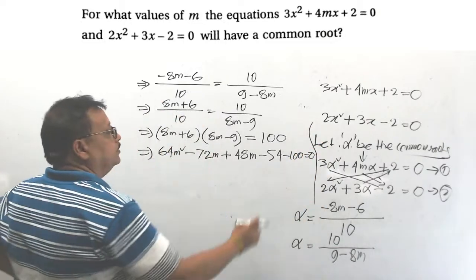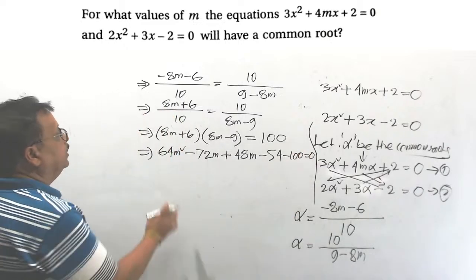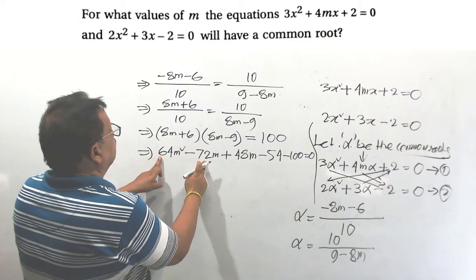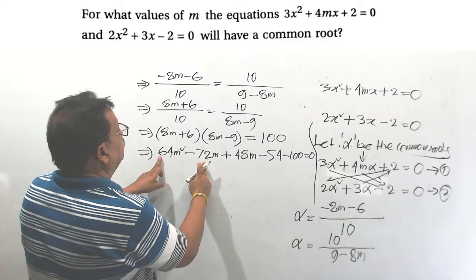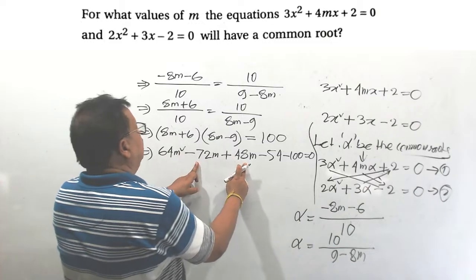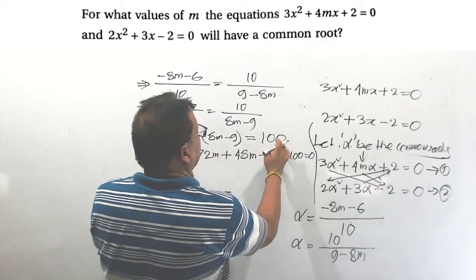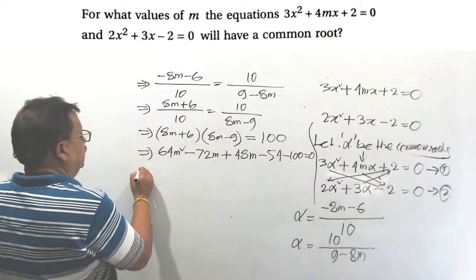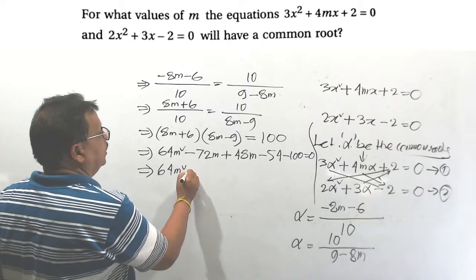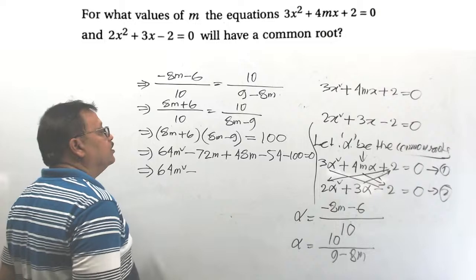Clear? Check again. 8 8s are 64m square, minus 8 9s are 72m, then again plus 6 8s, 48m, and plus 6 into minus 9, minus 54. Bring 100 to the left by minus. This implies 64m square minus these two terms are like terms, so calculation will be possible.